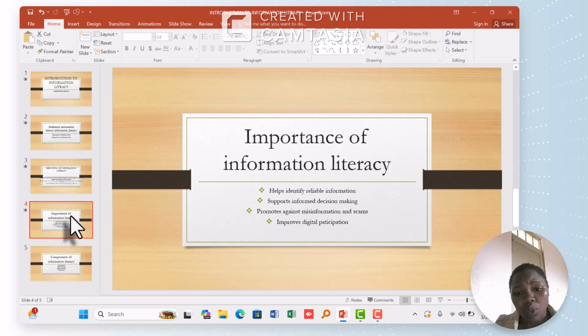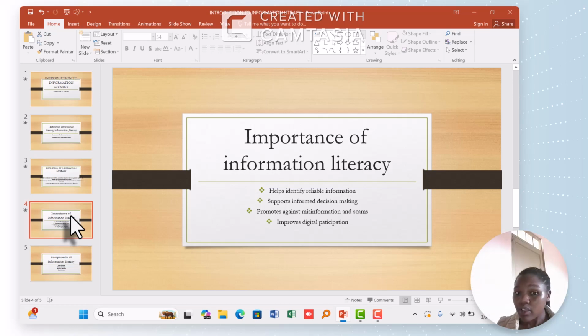Next, it supports informed decision making, because every piece of information must have come from a good decision maker. So before someone makes information, you must have a good decision. Next, it protects against misinformation and scams.